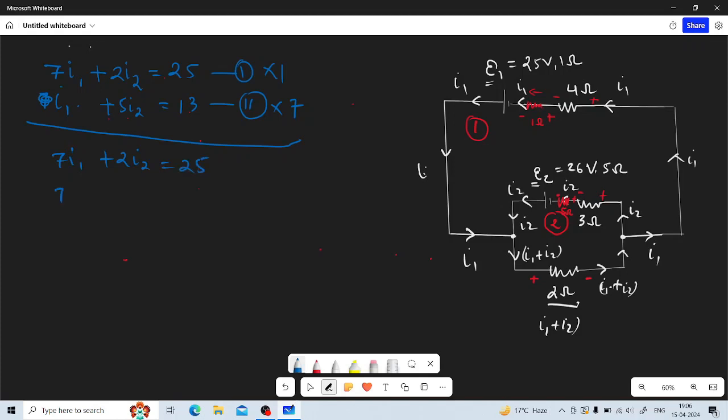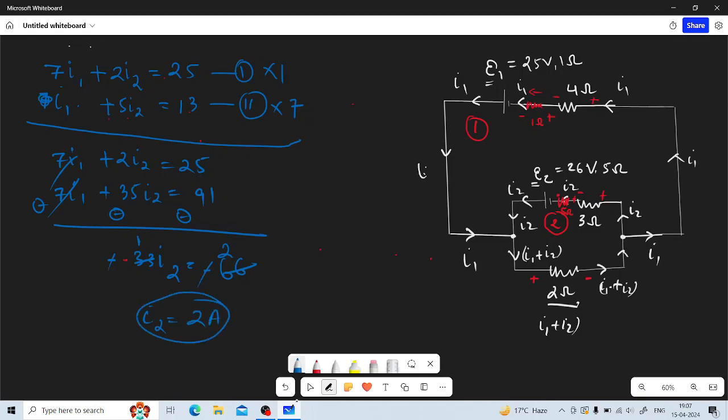And here I have 7 times I1 on multiplying with 7, plus 35 times I2, 7 3s are 21, 7 13s are 91. So minus minus, this and this get cancelled. This becomes minus 33 I2, equal to minus 66, so the negative gets cancelled, and I2 we have 2 ampere.